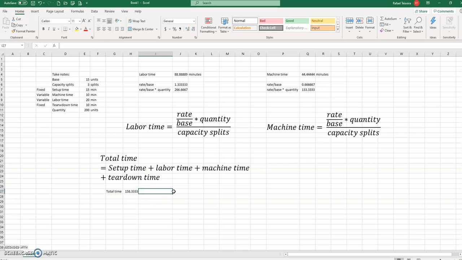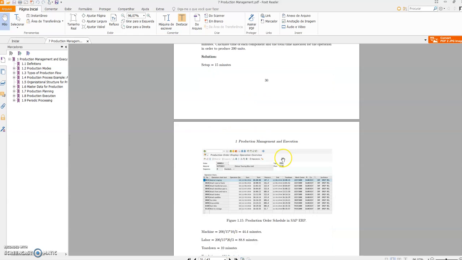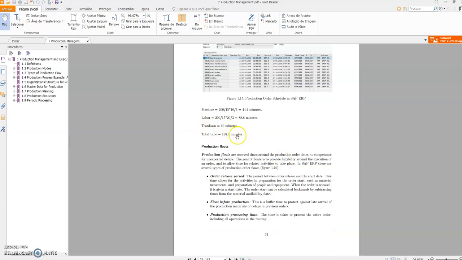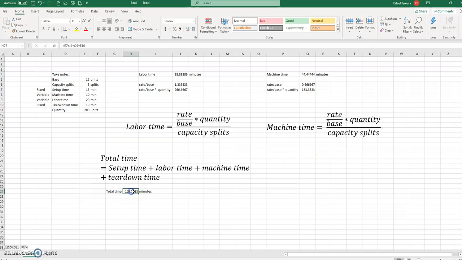So the total time is 158 minutes to process 200 units using this base, the 3 capacity splits, 3 parallel processes, with this amount of rate and base and so on, which is the same answer we have here, 158.3 minutes. Okay, that's all.